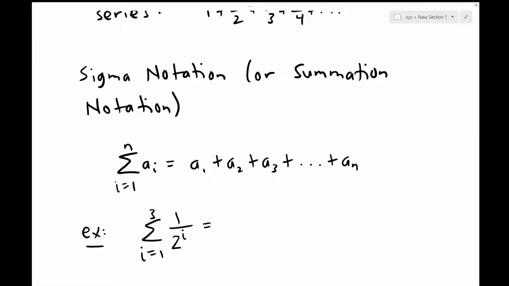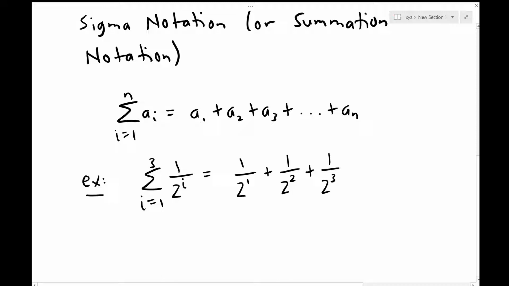But all I have to do here is to start by plugging in 1 for i. So if I do that, I would have 1 over 2 to the first power. Next, I plug in 2 for i. So in this case, I would have 1 over 2 squared. And again, I'm adding the terms together. The last number I plug in is the number that I see above the sigma. And so that number is 3, so in this case I would have 1 over 2 to the third power.